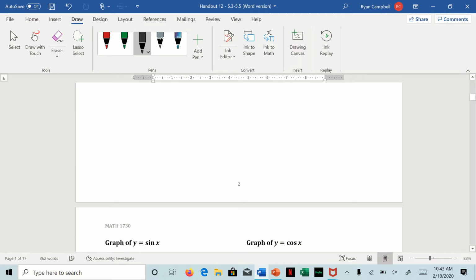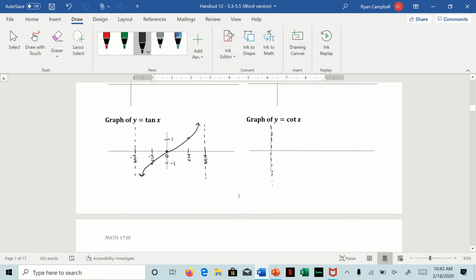So that means, if we look at our graph, at pi we have another asymptote, and at pi over 2 we have a point. So now we just got to figure out something else. We need 5 points, so we can look in between 0 and pi over 2, where we have pi over 4, and in between pi over 2 and pi, we have 3 pi over 4.